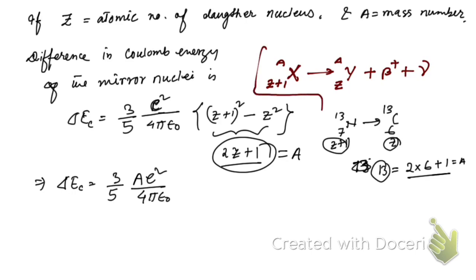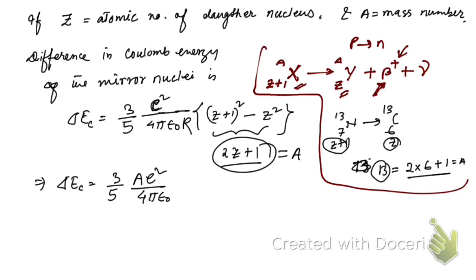Now you see, this difference in Coulomb energies of these two nuclei is used to provide kinetic energy to this positron, and one part of the energy is also used in conversion of a proton to a neutron, and to give rest mass energy to this positron. Okay, so that's why we can write this. Oh, I forgot to mention one more thing. There is supposed to be an R. I forgot to write that R. Okay, so let me write the R here.